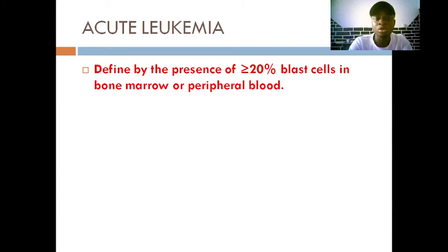As we proceed, I will speak about some characteristics that we use to classify the blast cells, so that we can observe them under the microscope. In most developed countries, they rely much on other lab tests in diagnosis of leukemia.